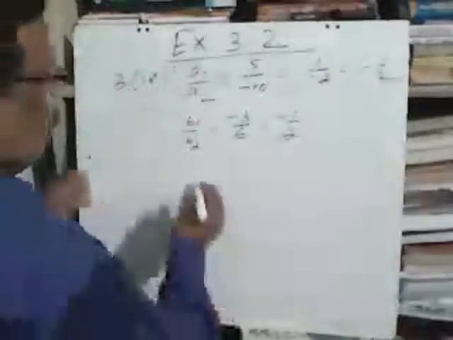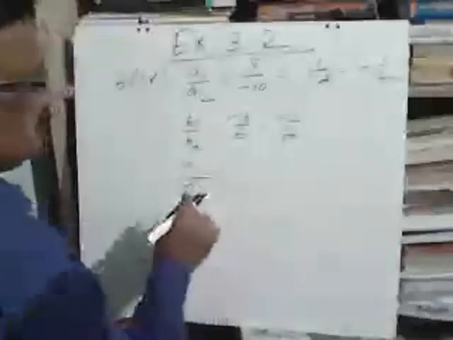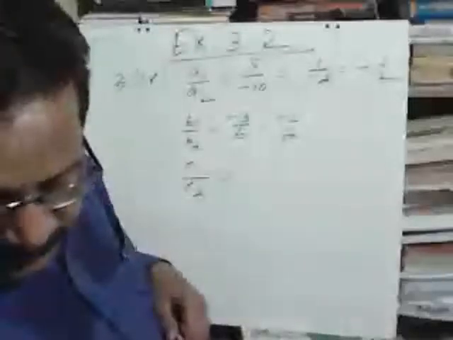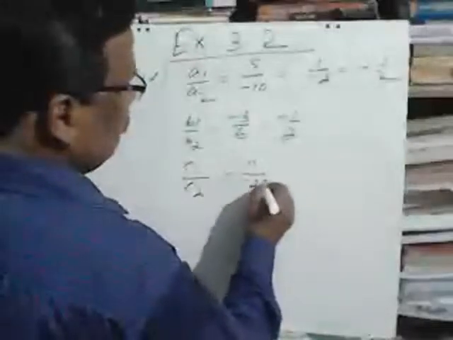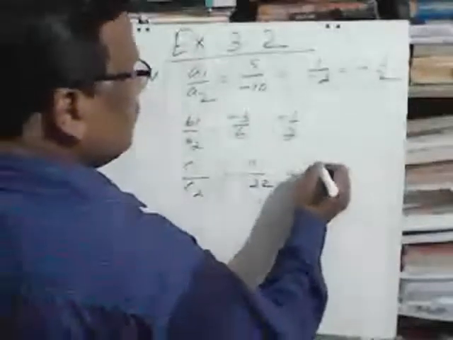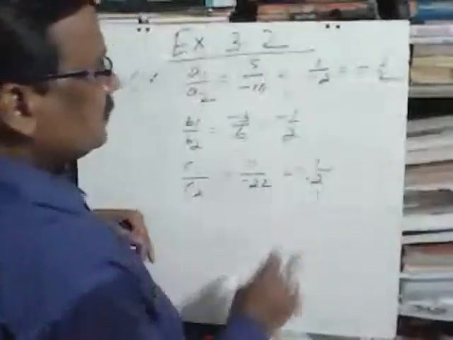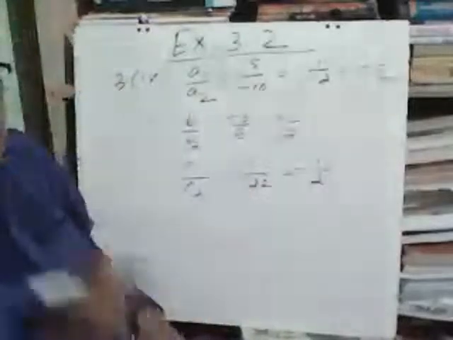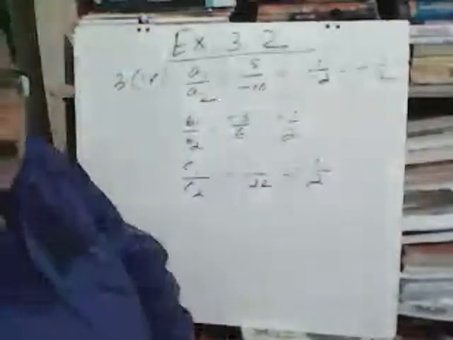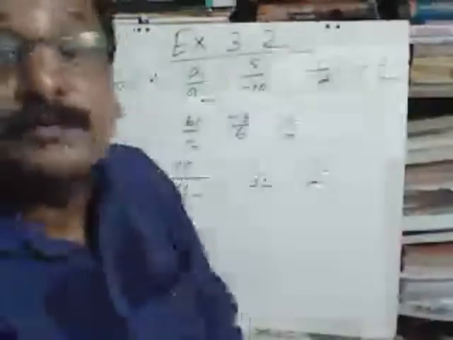As they are equal, we must calculate C1 by C2. Now C1 by C2 is obtained as 11 by minus 22. If you simplify, it is 1 by minus 2, the same as minus 1 by 2. You see now all three results are equal.